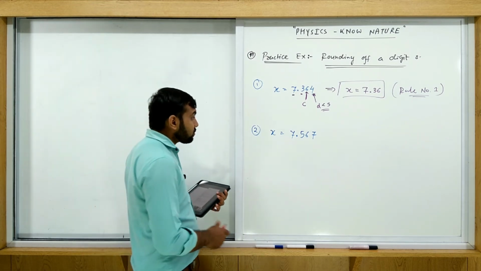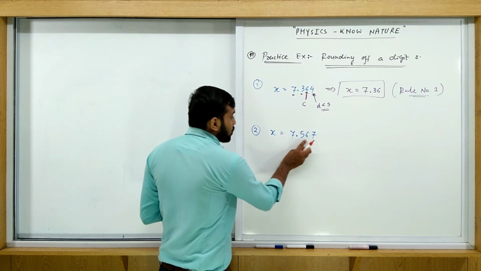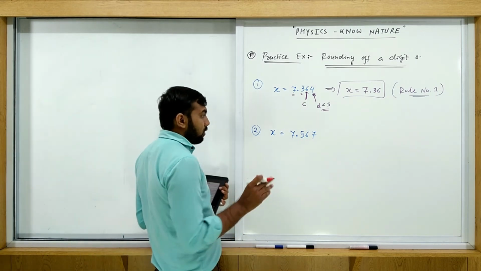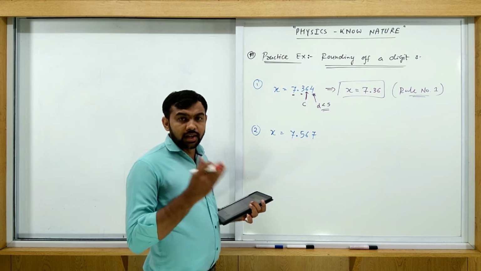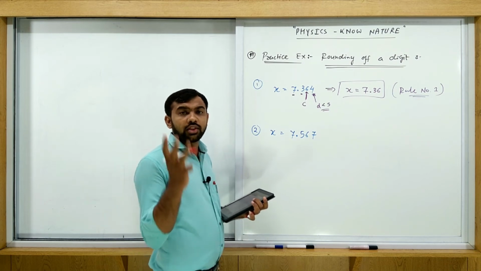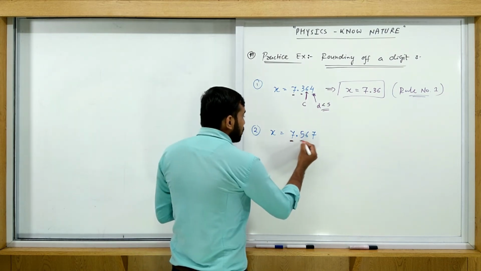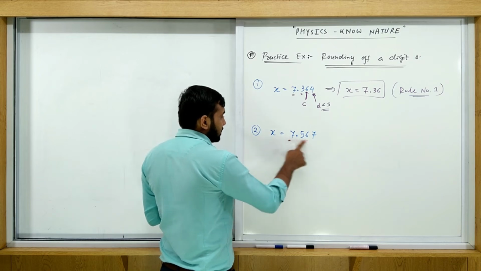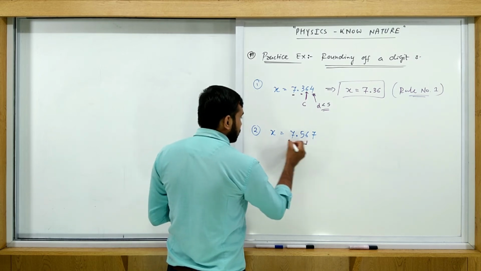Okay, let's see how many digits we have. 1 2 3 4, total 4 digits. Up to what digit are we required here? 3. So 1, 2 and 3. You just write this answer up to 3 significant digits.